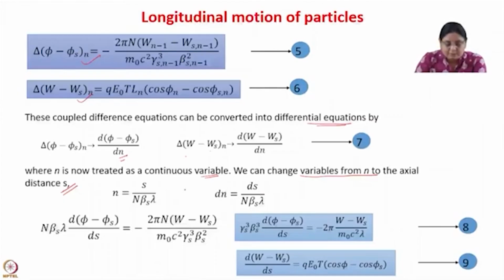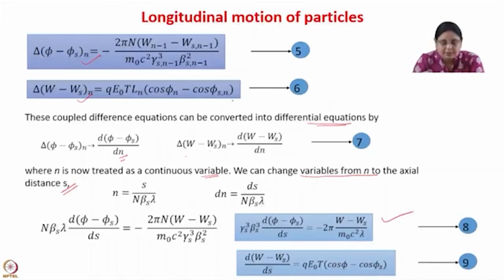So from here dn is equal to ds by n beta s lambda. We can substitute this in equation 5 and we get n beta s lambda d by ds of phi minus phi s is equal to minus 2 pi n times W minus Ws over MOC square gamma s cube beta s cube, which can be further simplified into this expression.